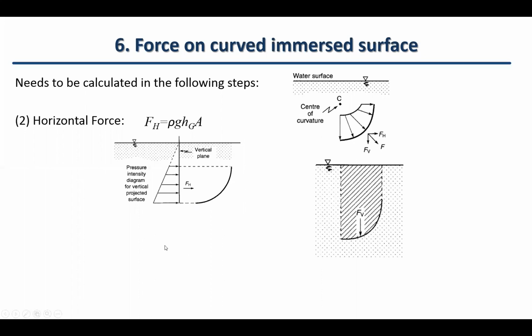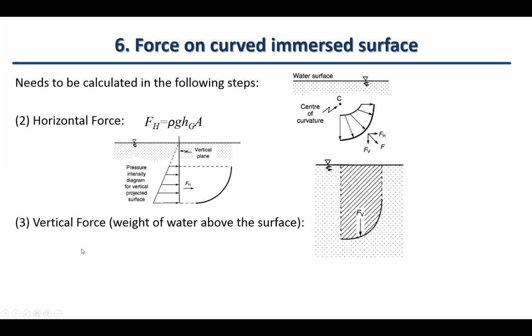So we need to calculate FV. To calculate the vertical force for this case, we can easily say it is equal to the weight of the water above the surface. The weight of the water above the curved surface is equal to FV.